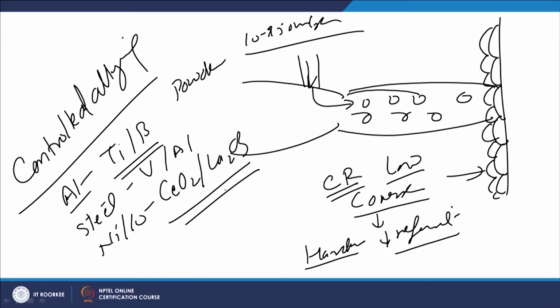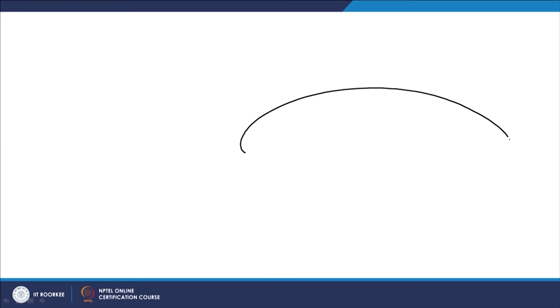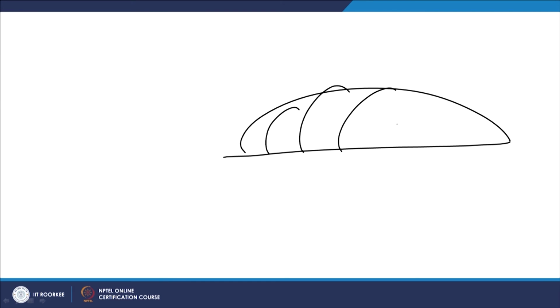So, the idea here is that whatever grain structure we get after flame spraying, if it is coarse, then the structure is to be refined.